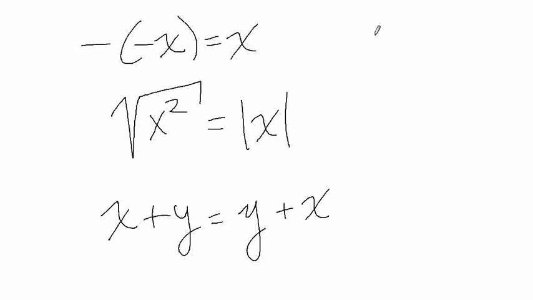Now I'm going to discuss some very important trigonometric identities. I'm first going to write them down, and then I'm going to show you where they come from. All right? So here are what's referred to as the sum and difference identities.